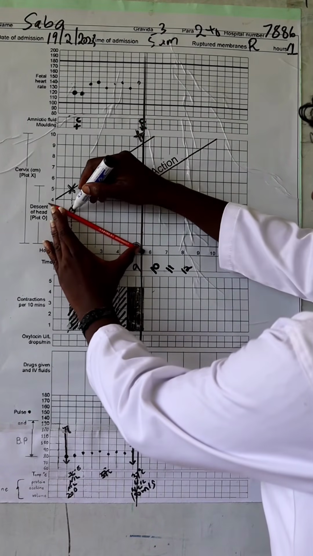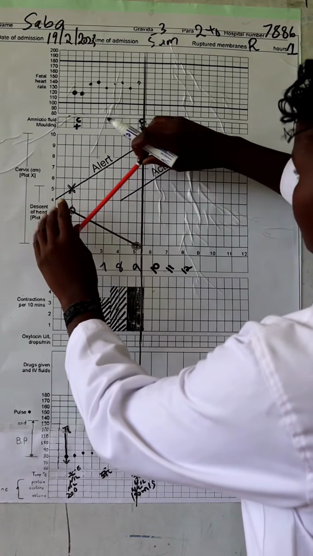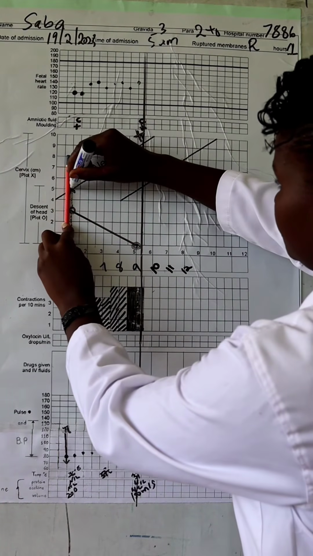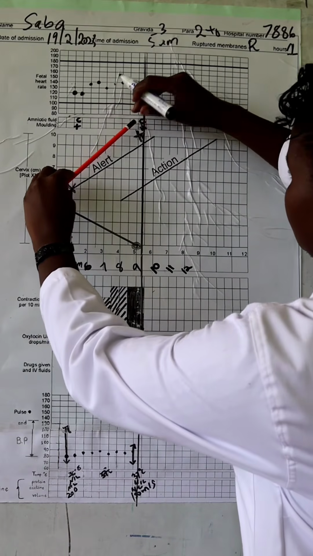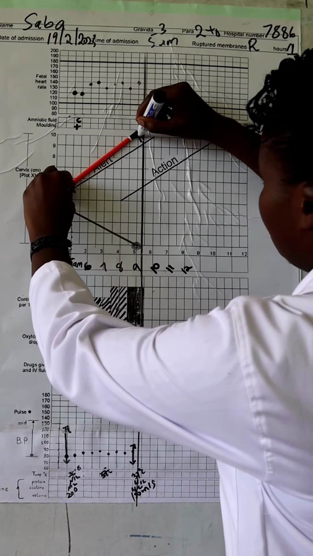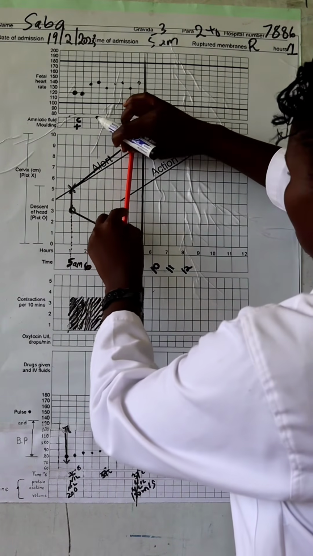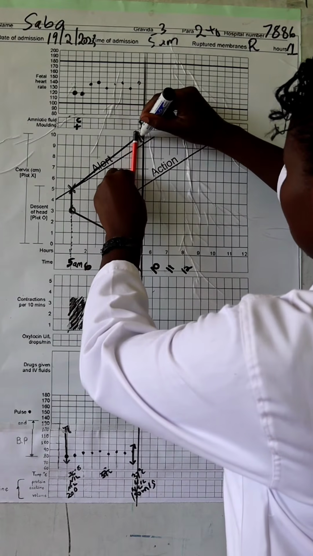Follow me. So this is what we are going to do. So we are going to draw a shape that looks exactly like a trapezium to join all the descents and all the cervical dilatations.